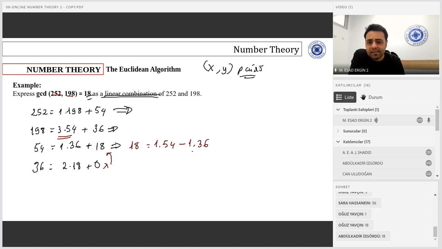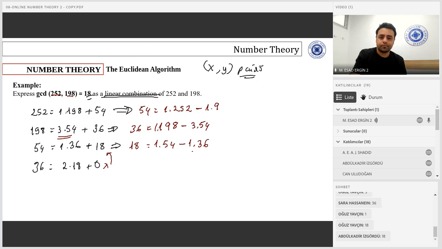For the other step, we can say that 36 equals 1 times 198 and minus 3 times 54. And also we have 54 equals 1 times 252 and minus 1 times 198.